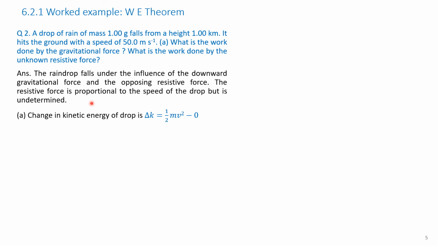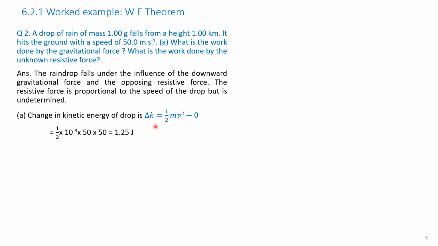Part A. The change in kinetic energy of the drop is delta K equal to half m v square minus 0, because the drop is assumed to be starting from rest.